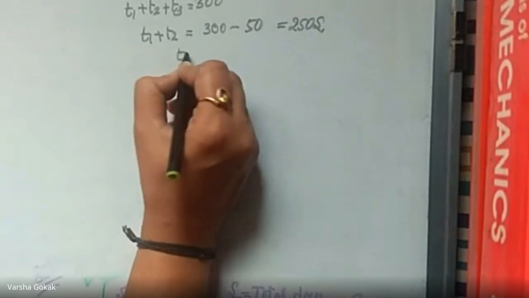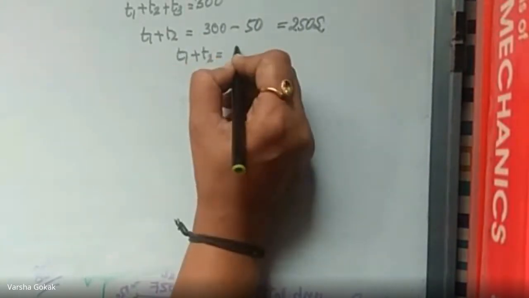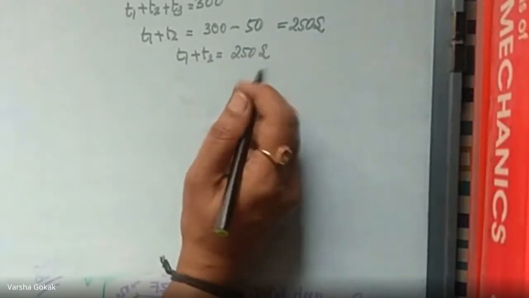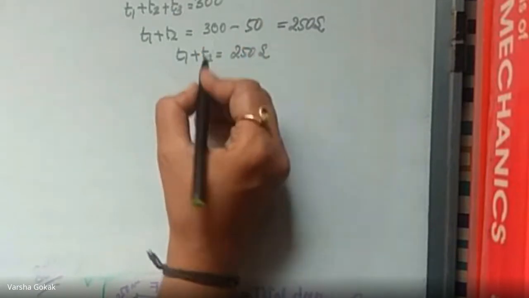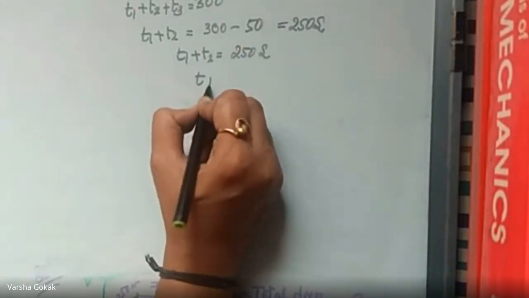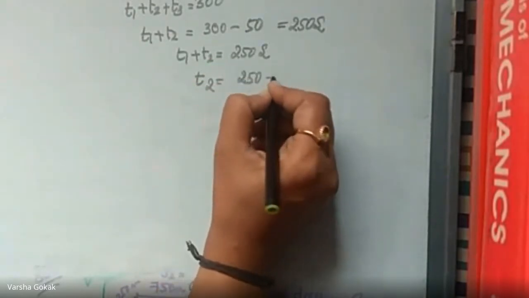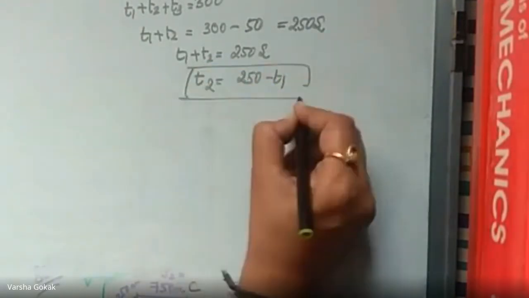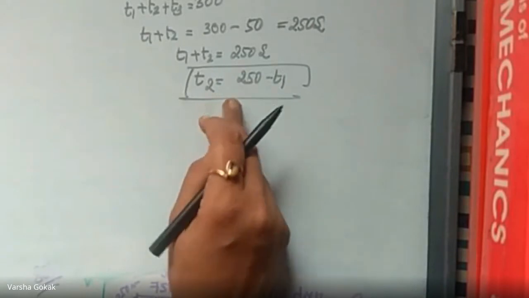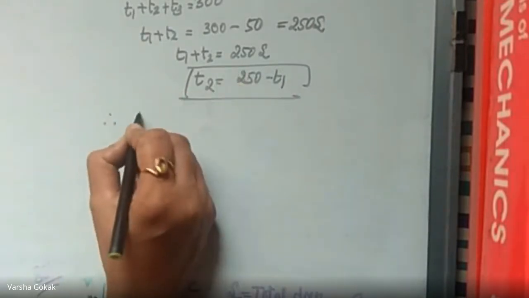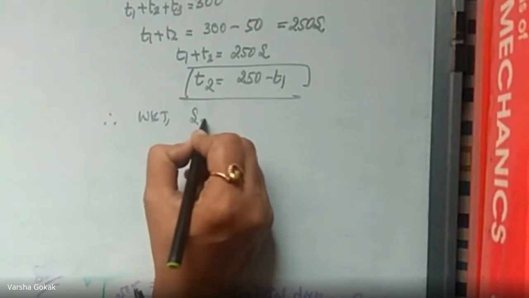So I have a condition now: T1 plus T2 is 250 seconds on a total basis. From here I can write T2 as 250 minus T1, so that I can substitute for T2 wherever required.